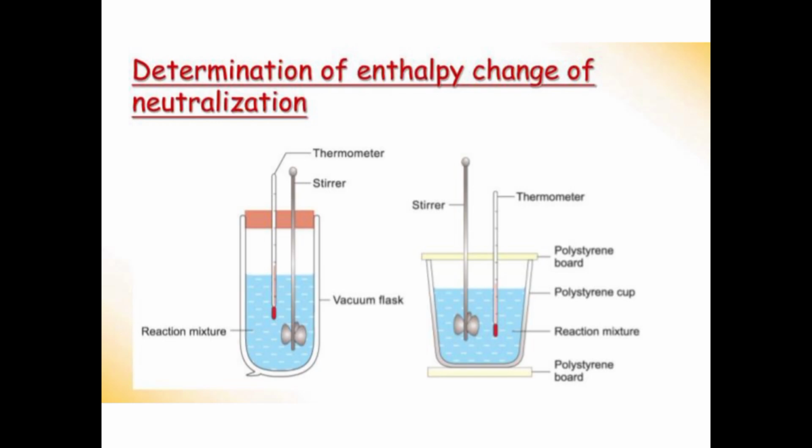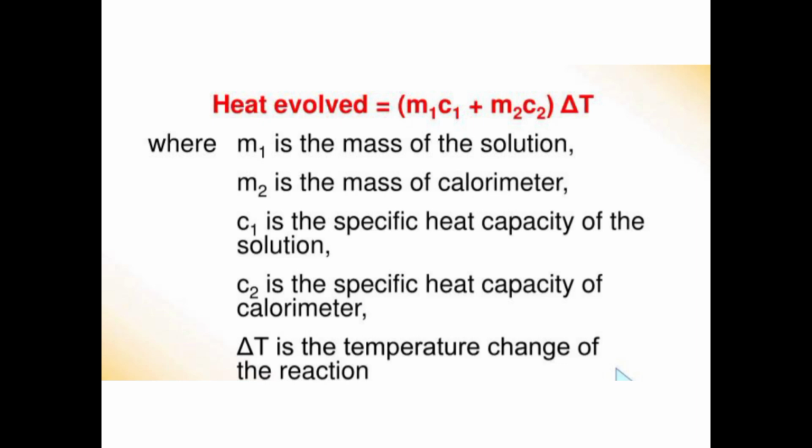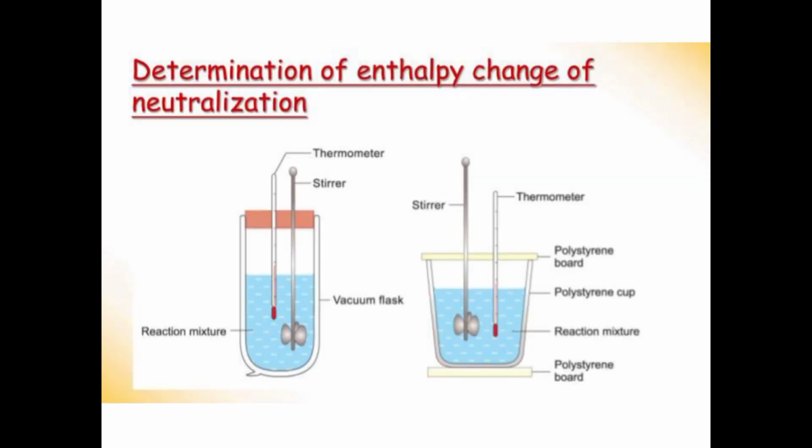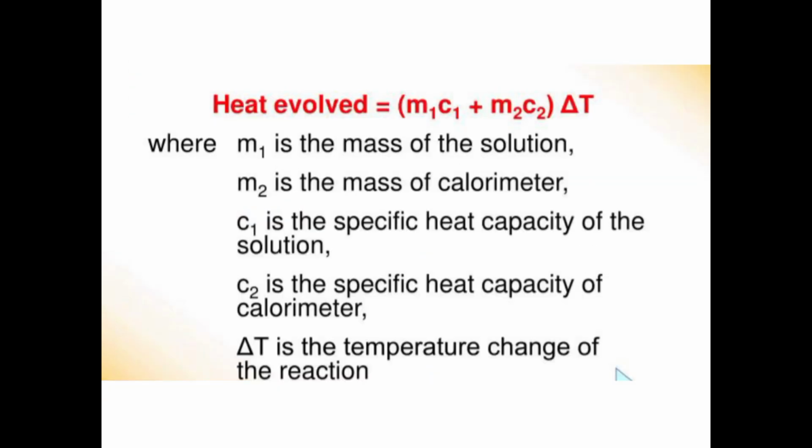I'm trying to be a bit fast. So in that reaction that we have seen, the heat that is liberated, since it is neutralization, we are focusing on the heat evolved. It is equal to the mass of the solution times the specific heat capacity of the solution, plus the mass of the calorimeter times the specific heat of the calorimeter, times the temperature change.